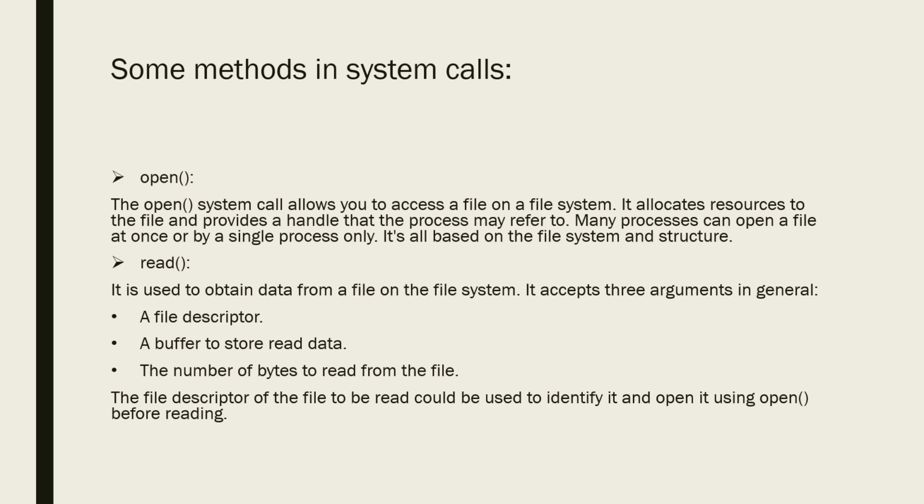It accepts three arguments in general: a file descriptor, a buffer to store the read data, and the number of bytes to read from the file. The file descriptor of the file to be read could be used to identify it, and it must be opened using open before reading.